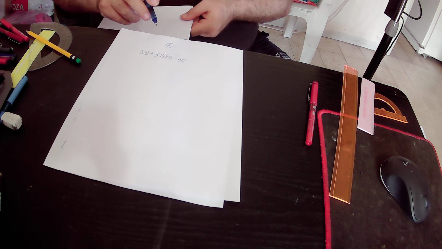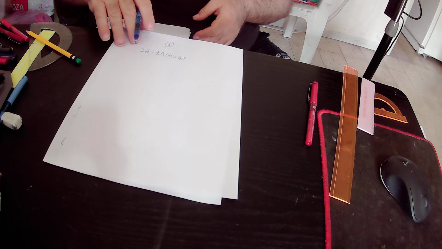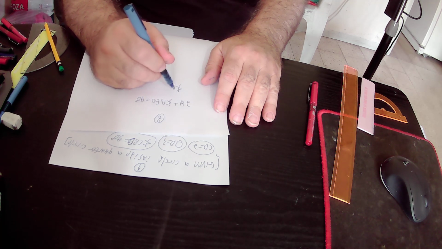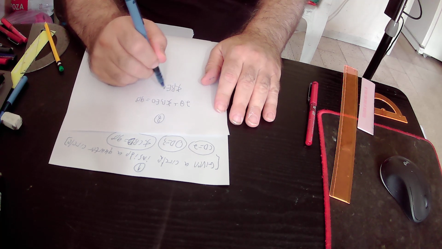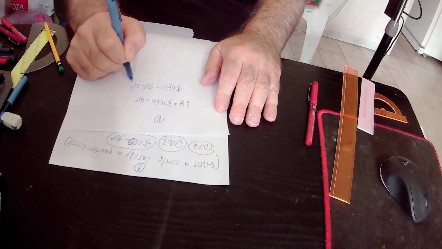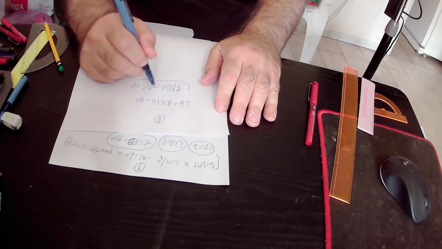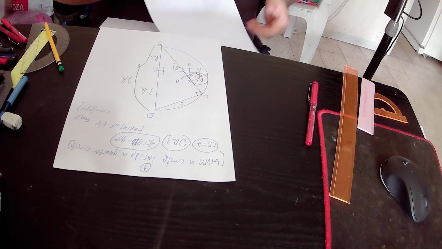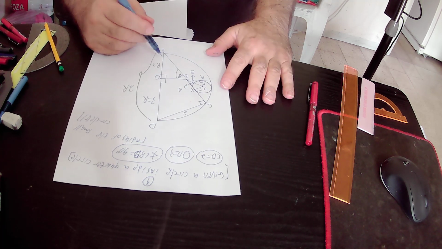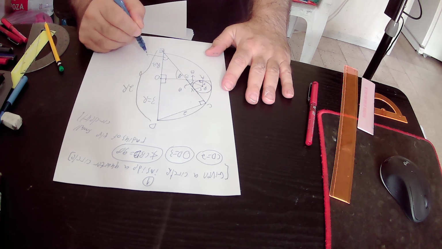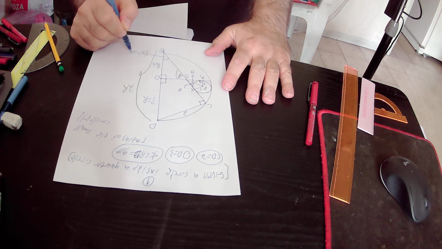Here we will subtract 2 theta from this equality, and we will get that angle BEO equals 90 degrees minus 2 theta. So here we can write that this angle equals 90 degrees minus 2 theta.